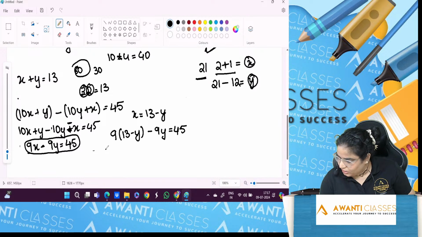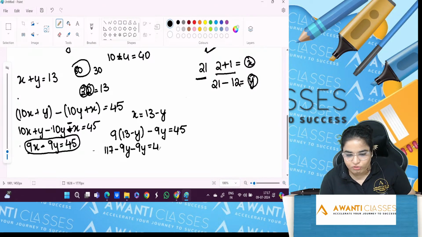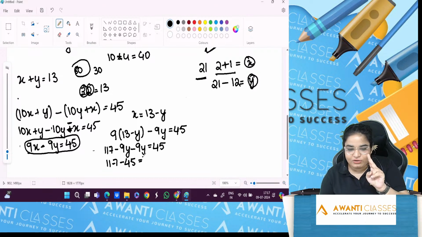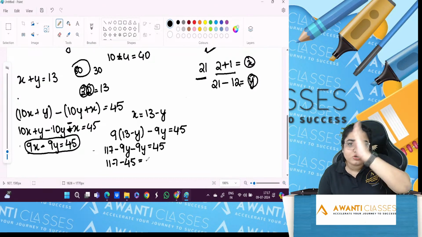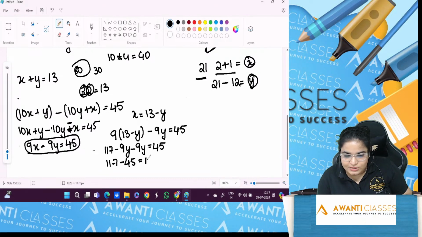How much is that? 9 13s are 117 minus 9y minus 9y is equal to 45. So, if I bring 45 this side, it is equal to minus 18y goes to that side of equal to, it becomes 18y. Yes or no?